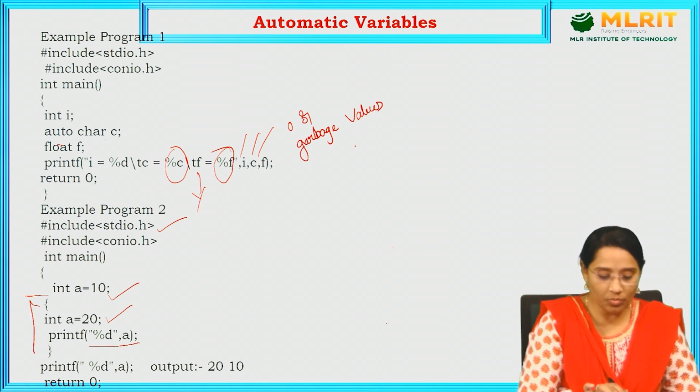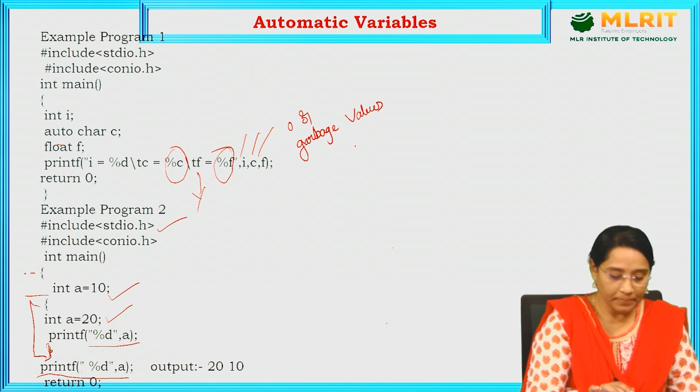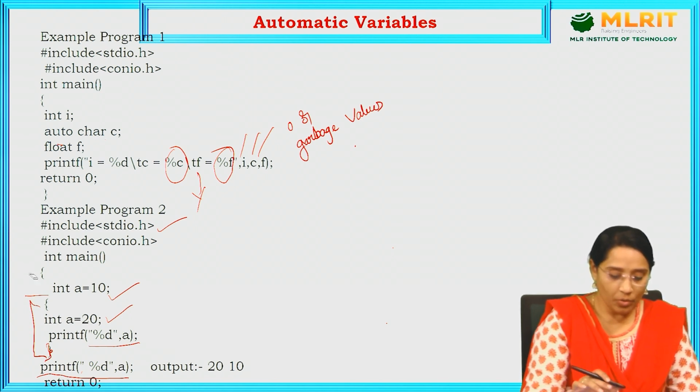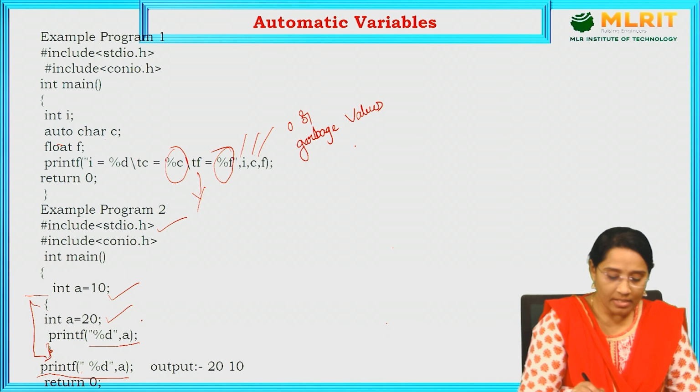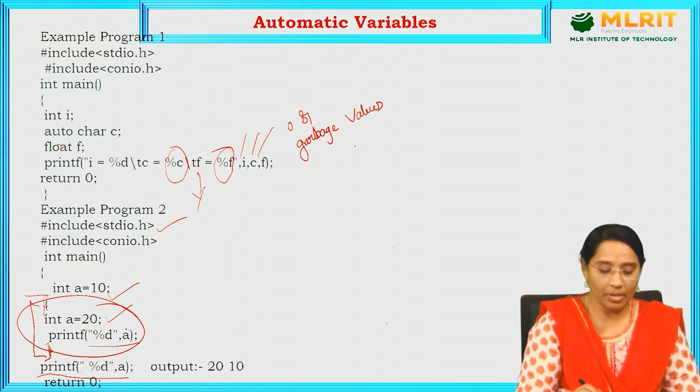So this is one block. After closing this brace, one more printf statement was written, printf("%d", a). In this case, first the block of code within the braces will be executed, so here you will get the answer 20.